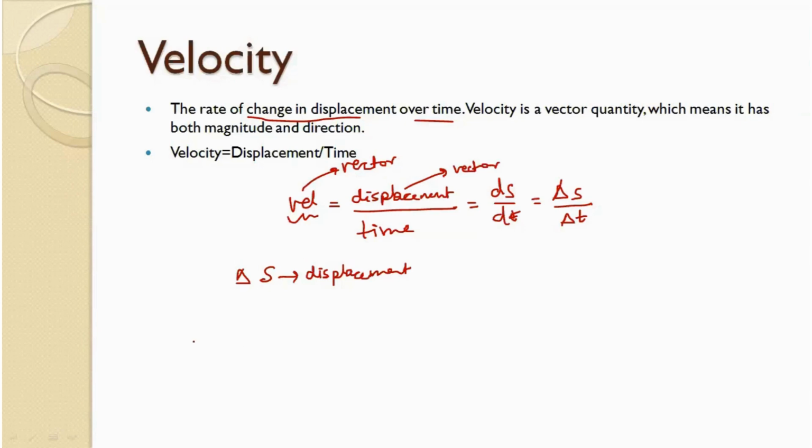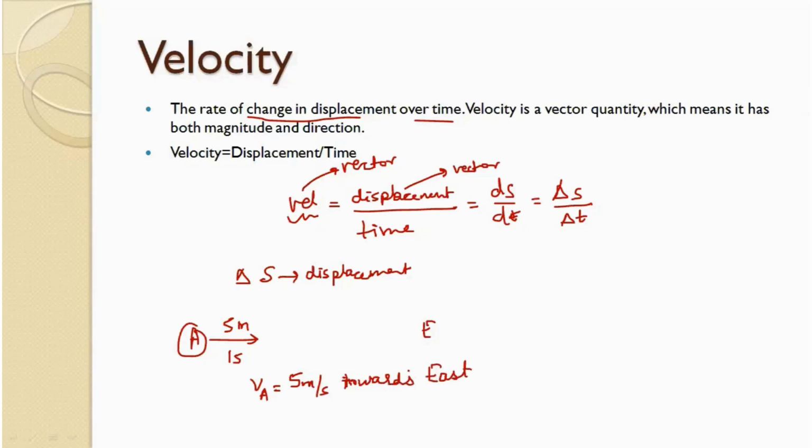For example, A is moving in this direction, suppose towards east. It is covering 5 meter in 1 second. So I have to specify that the velocity of A is 5 meter per second towards east.